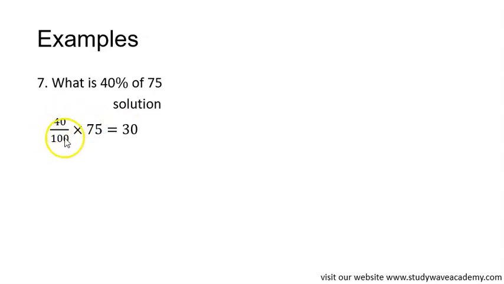So we have 40 over 100 times 75. Let's say there's an invisible 1 under the 75. Okay, 0 cancels 0. We are left with 4 over 10 times 75. We think of a number that can go into 10 without a remainder and also go into 75 without a remainder. What is that number? 5. 5 going into 10 is 2, and 5 going into 75 is 15. Okay, 15 is left here, remember? Then we have 2 left here, right?